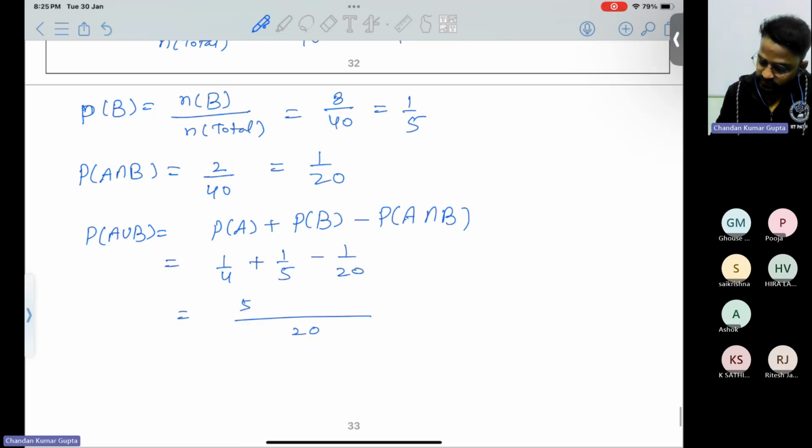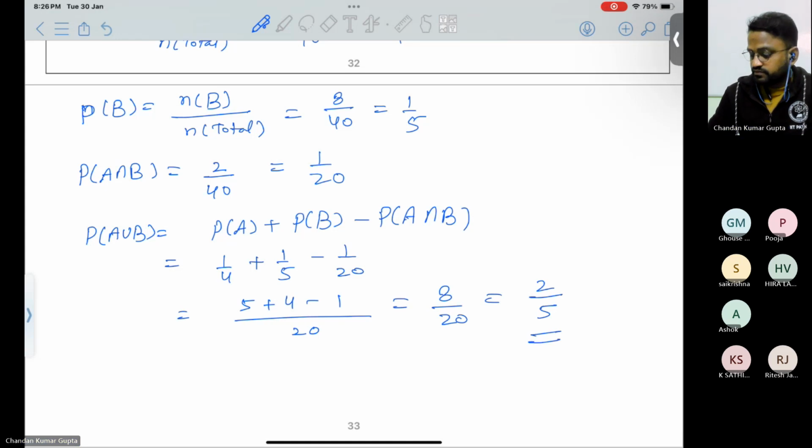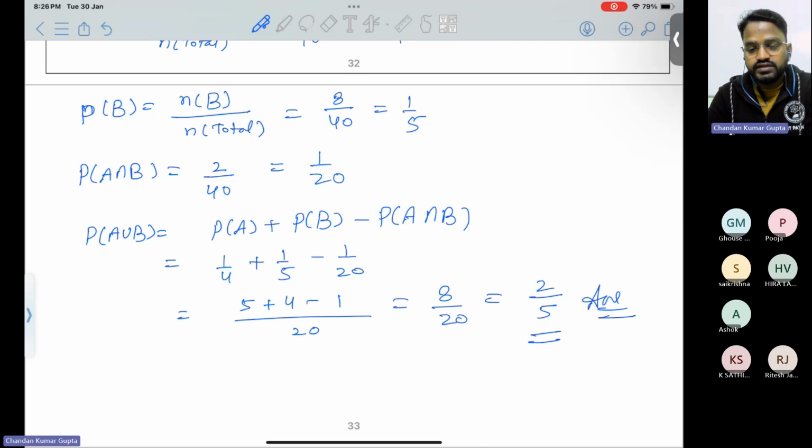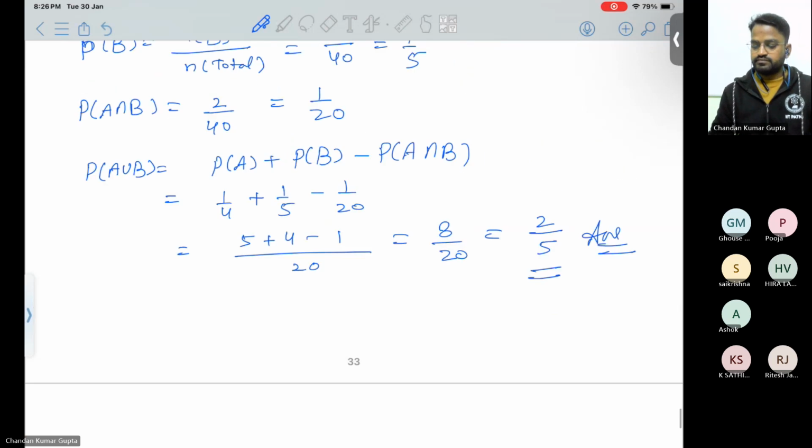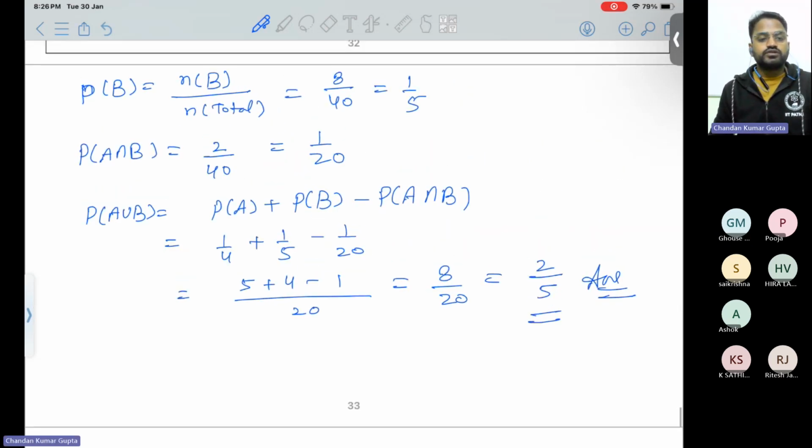Taking 20, it's 5 plus 4 minus 1, which equals 8 upon 20, which simplifies to 2 upon 5. Is it clear?